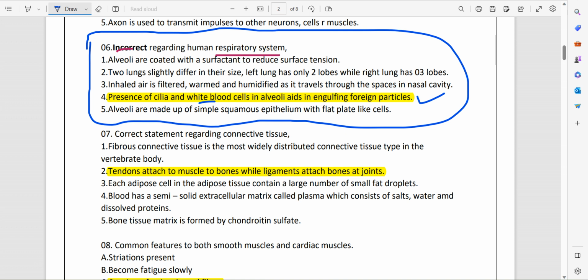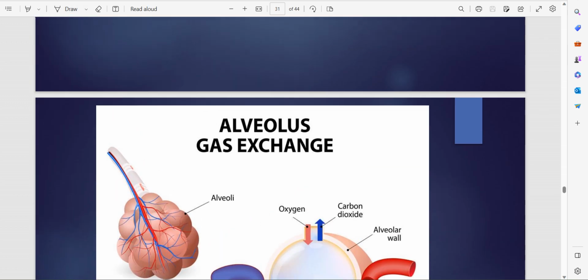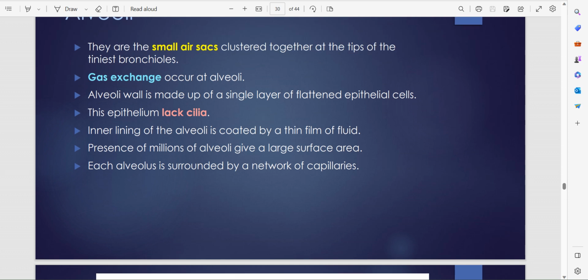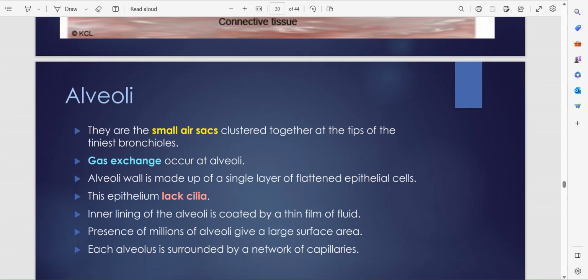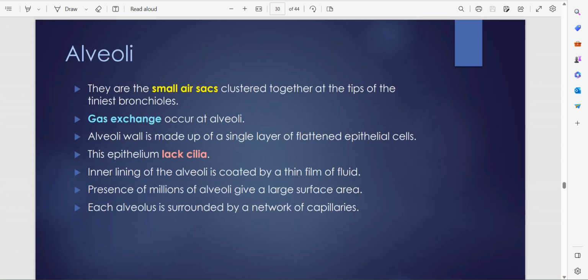But the point here is that alveoli do not have cilia. That is very clearly mentioned in the resource book: because alveoli lack cilia, they have a special type of WBC in order to provide protection. So that's why this is the incorrect statement.